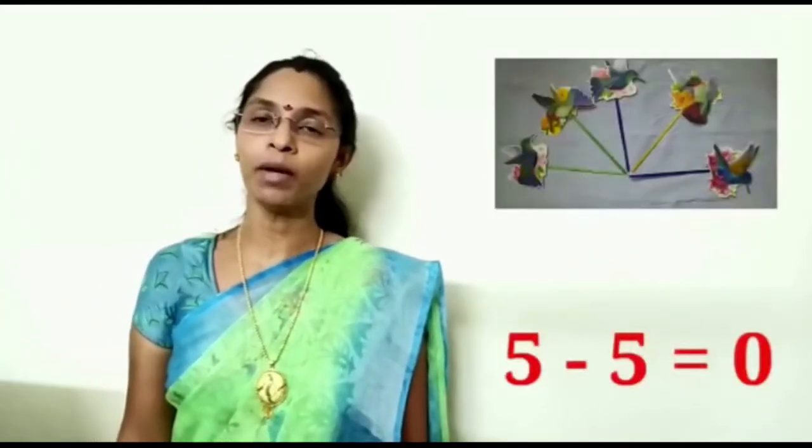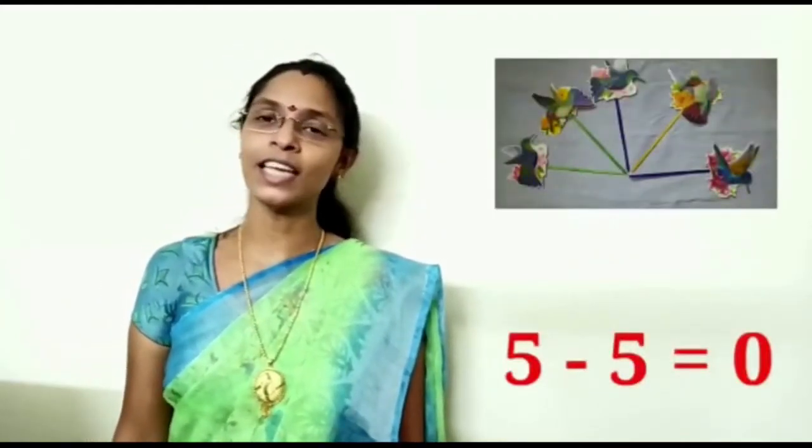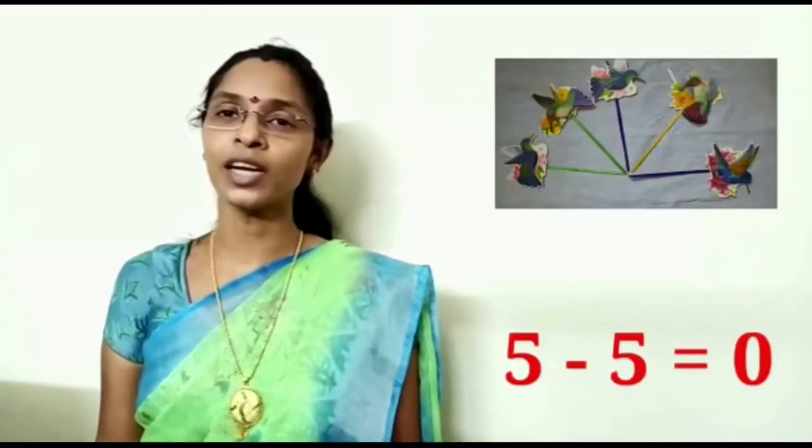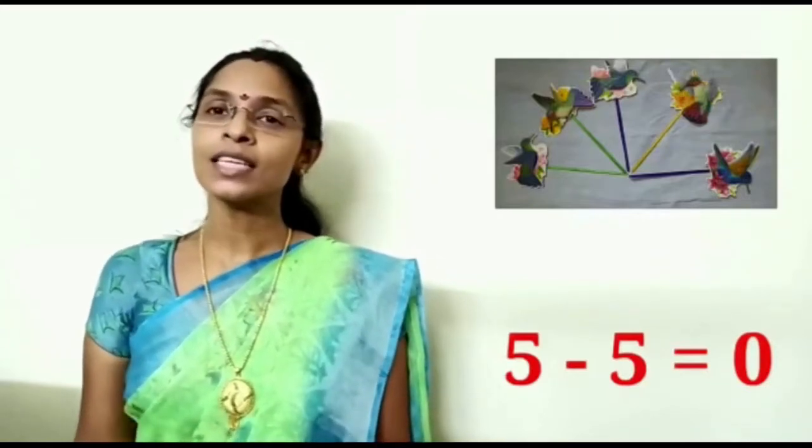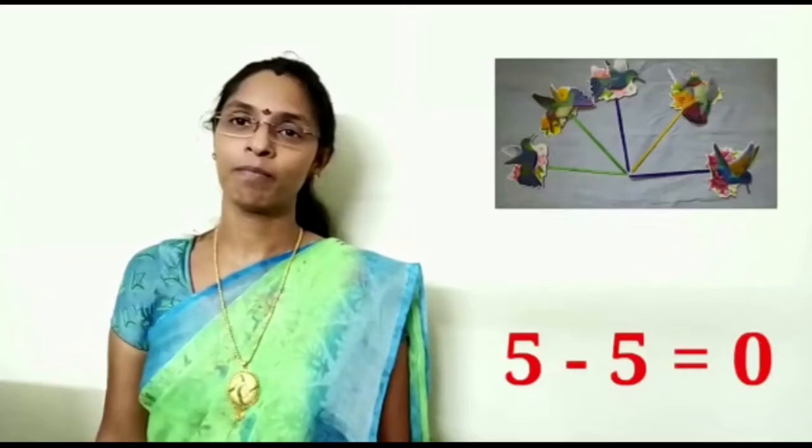Here, 5 birds were sitting on the tree and all the 5 flew away at a time in search of food. So, how many were remaining on the tree? 0. Have you understood, children?